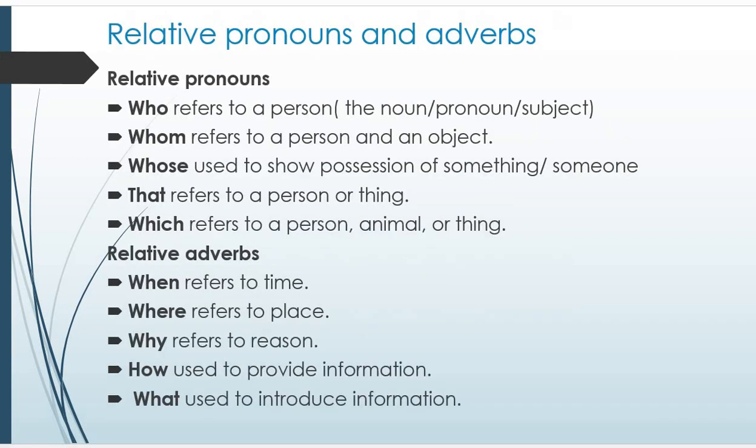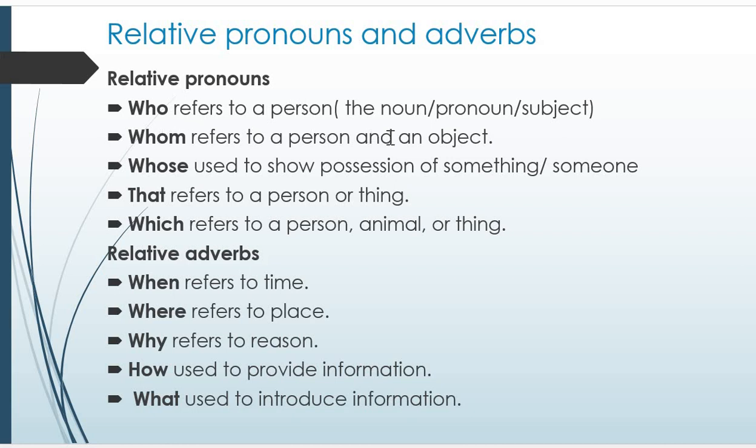Let's see the relative pronouns and adverbs. The first one is relative pronouns, listed here. The second one is relative adverbs, listed here. Some relative pronouns refer to similar things. Let's say whom and who refer to a person, but the usage is different.